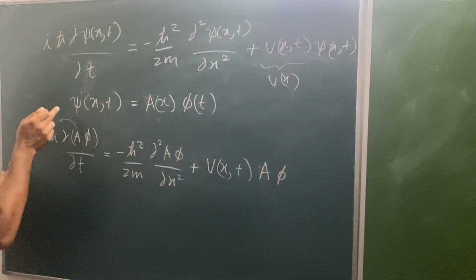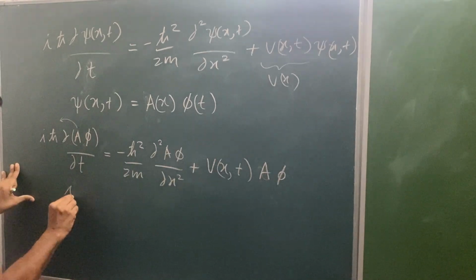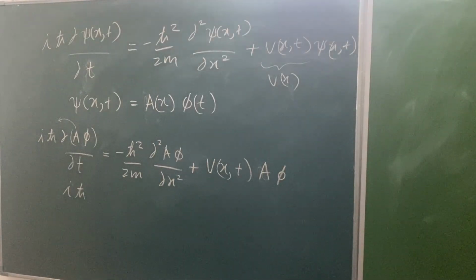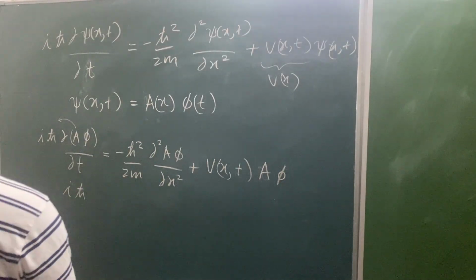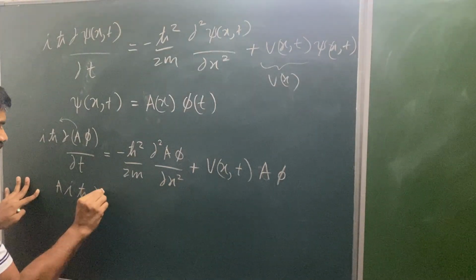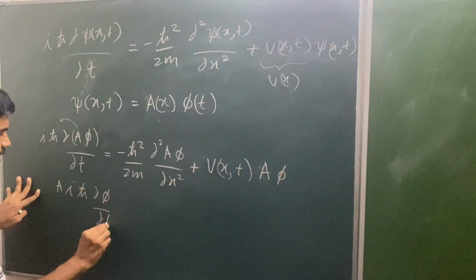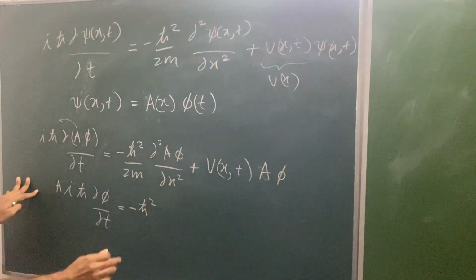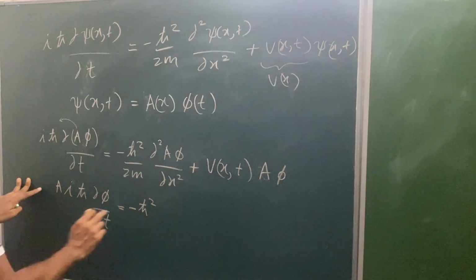So now you can take a out of the bracket. So I will end up with minus i h bar, right? Here a is a part of this now, ∂phi over ∂t is equal to here minus h bar, same as what I did here.